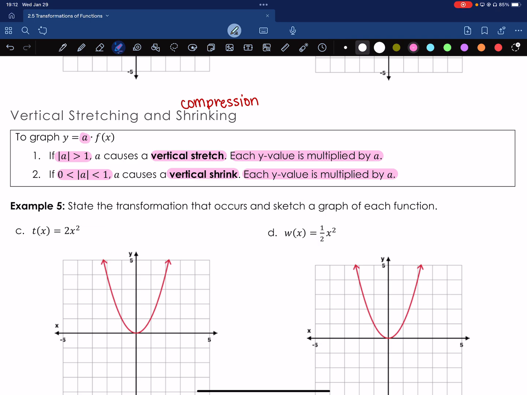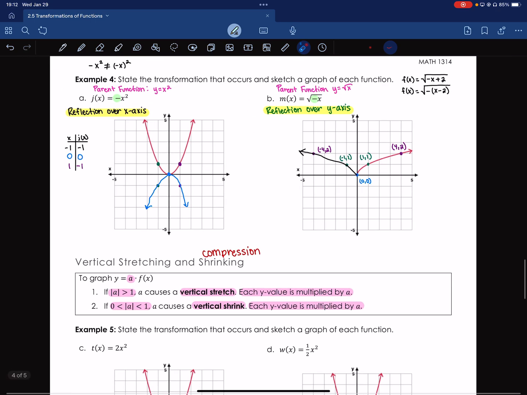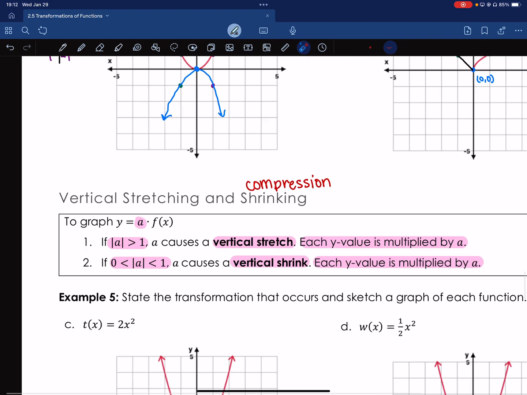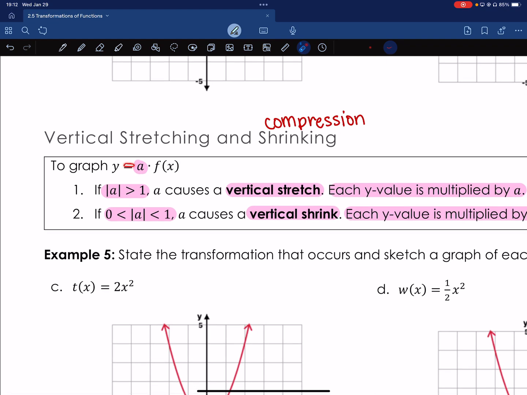Now, the reason that there are absolute value bars there is because right before this, we had negatives, which cause a reflection. So if you see a negative A value, that's actually two different transformations. The negative causes a different transformation, that's that reflection.